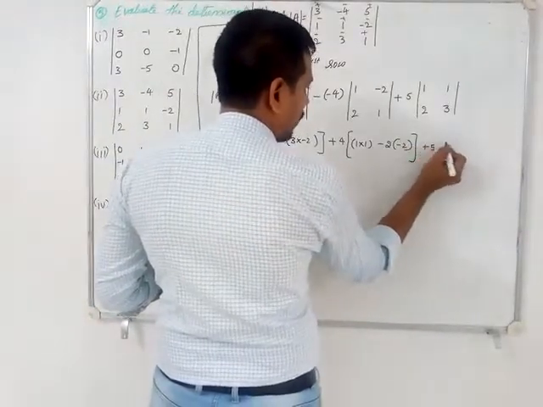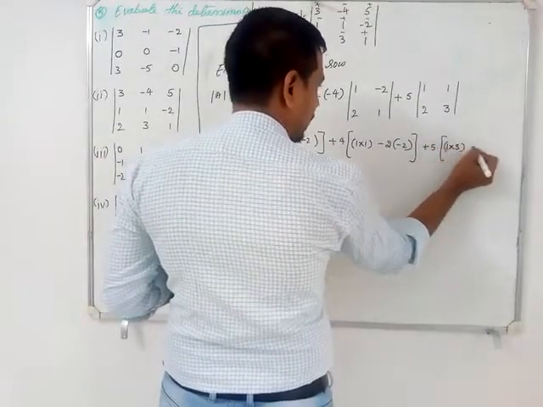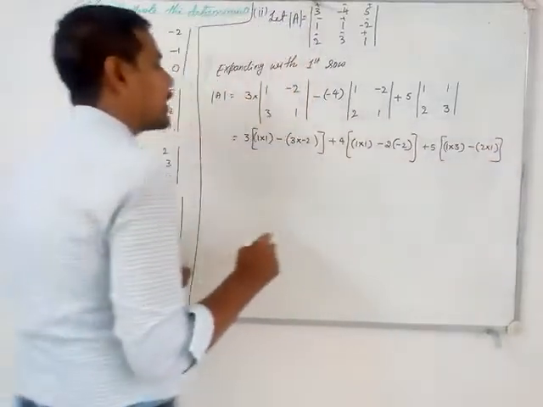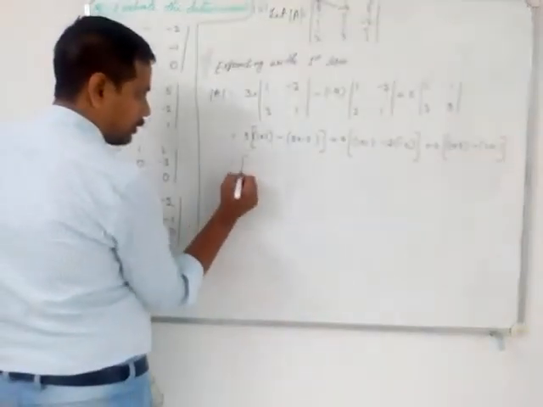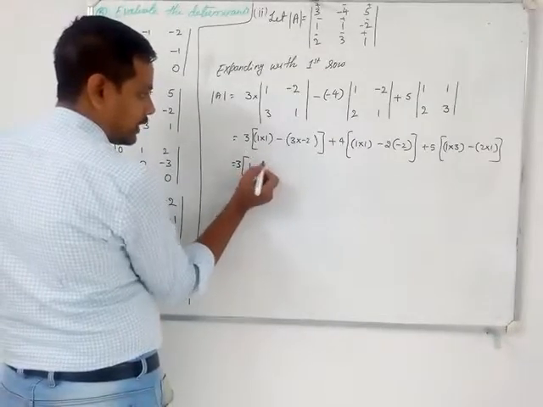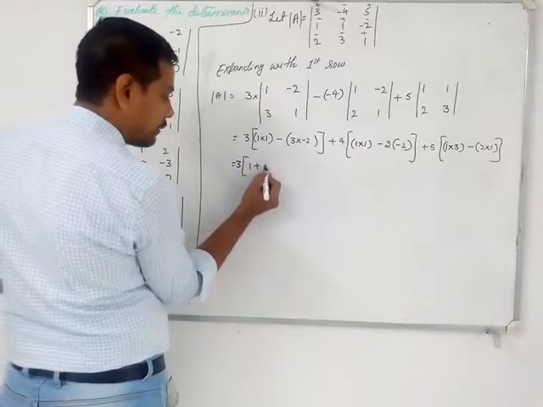Plus 5 into 1 into 3 minus 2 into 1. Okay, so now 3 into, what is 1 into 1? 1. 3 into minus 2 is minus 6. Minus 6 into minus is plus 6.